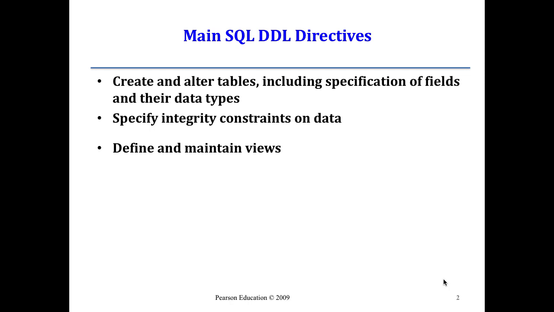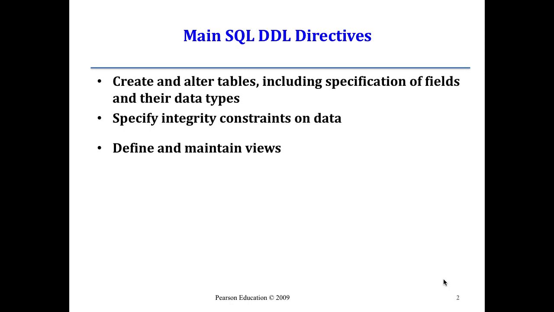So the data definition language gives us a way to specify a primary key. It gives us a way to specify referential integrity. What was referential integrity? Remember something about foreign keys? Very good. So when you insert a tuple that has a foreign key, you can only insert it if that foreign key points to a valid primary key, or the foreign key is null, one or the other. So that's referential integrity. You can specify that with the data definition language.